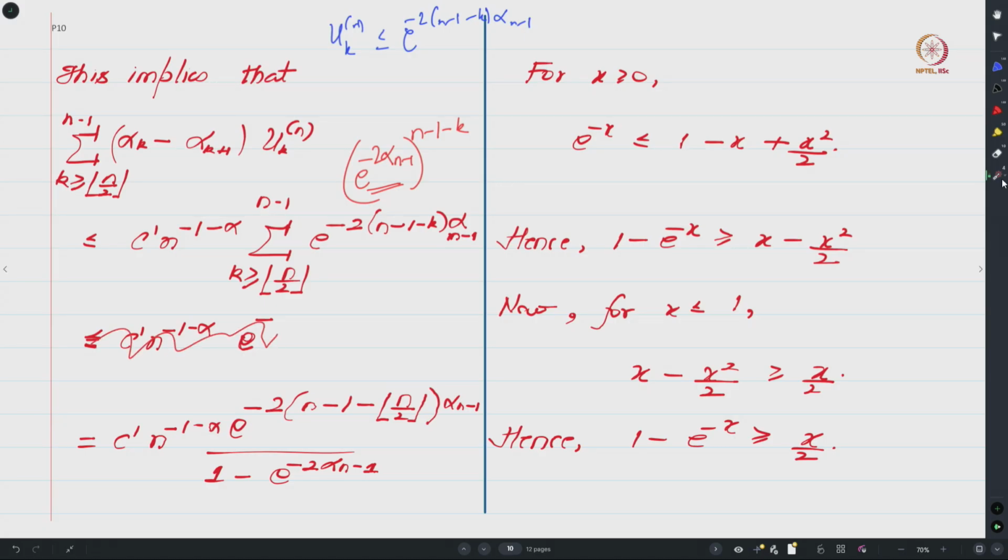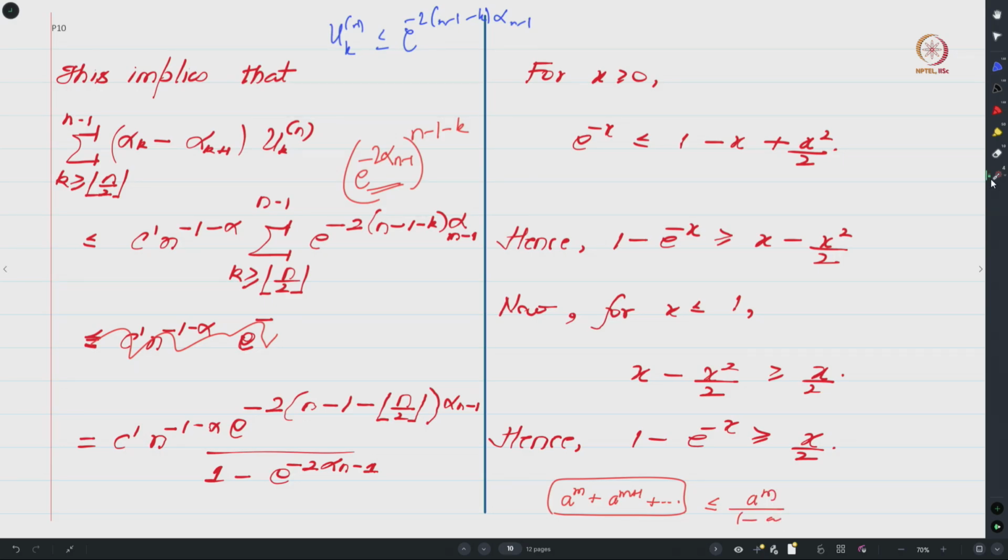This expression that we have over here, actually I have written it as it is, and I am making use of the fact that if you had a geometric series, so let us say you had some expression like a^m plus a^(m+1) plus dot dot dot, whenever a is strictly less than 1 this is upper bounded by a^m over 1 minus a.